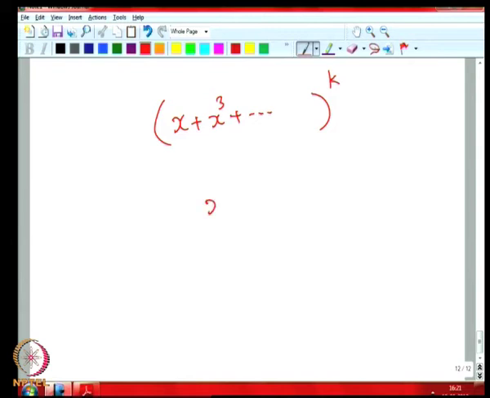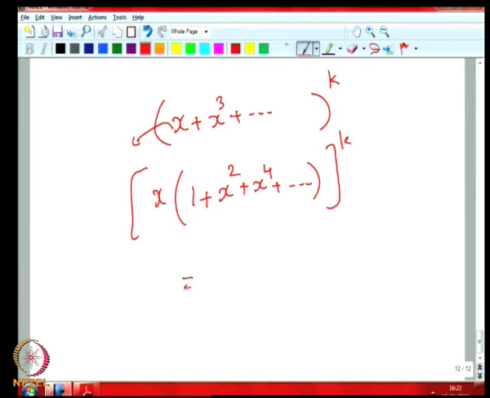I take x out, so that means x into 1 plus x square plus x fourth and so on, whole power k, which is x power k into 1 by 1 minus x square, whole power k. This is our generating function. If you want the answer, you look for the coefficient of x raised to n in it, right.